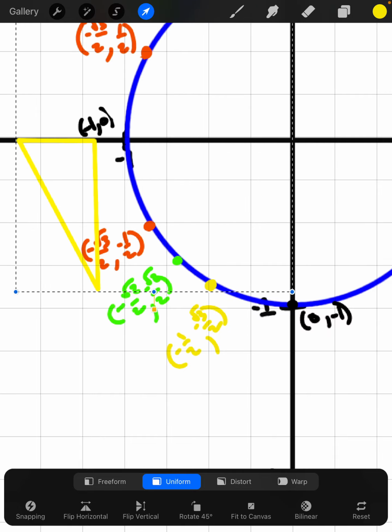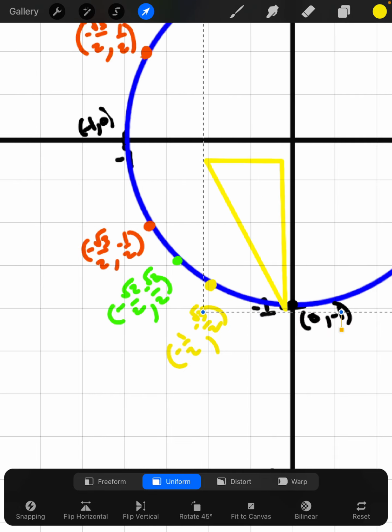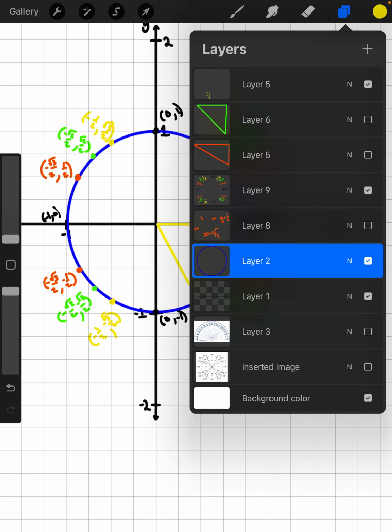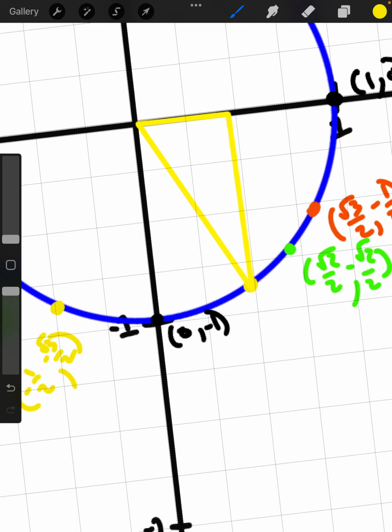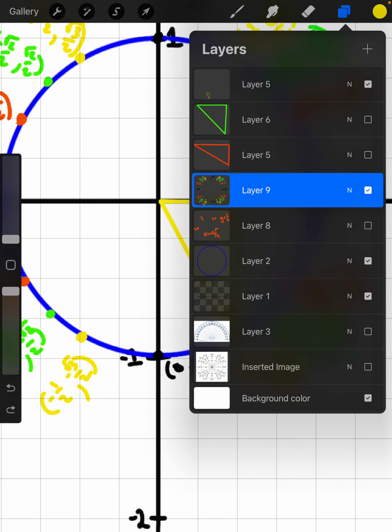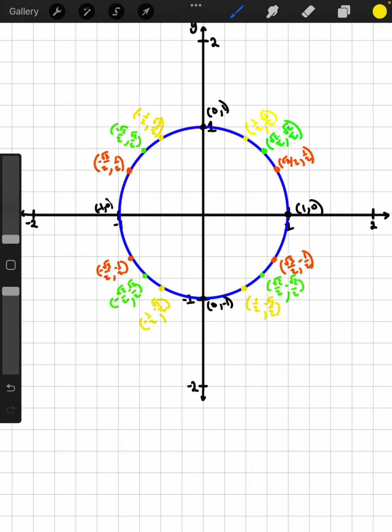And one last time, moving my triangle to end up in the 4th quadrant. Again, plot my point. Now I have positive 1/2 for my x, negative square root 3 over 2 for my y. Because remember, this triangle had a length of 1/2 and square root 3 over 2. I'm just changing the signs to match whatever quadrant that I'm in.